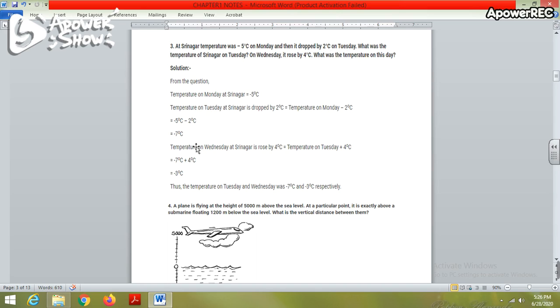So the temperature on Wednesday equals -7 plus 4. So -7 plus 4 equals -3. So the temperature on Wednesday at Srinagar equals -3 degrees Celsius.